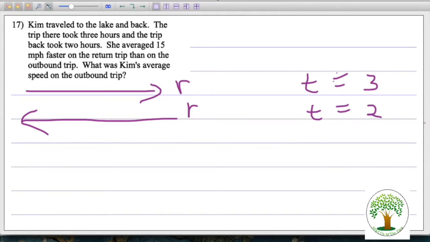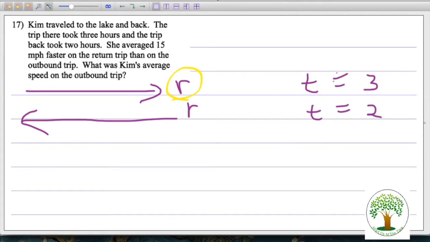What was Kim's average speed on the outbound trip? The outbound trip is this one right here. This is the return trip. We're looking for R, right? We're looking for the outbound trip here.